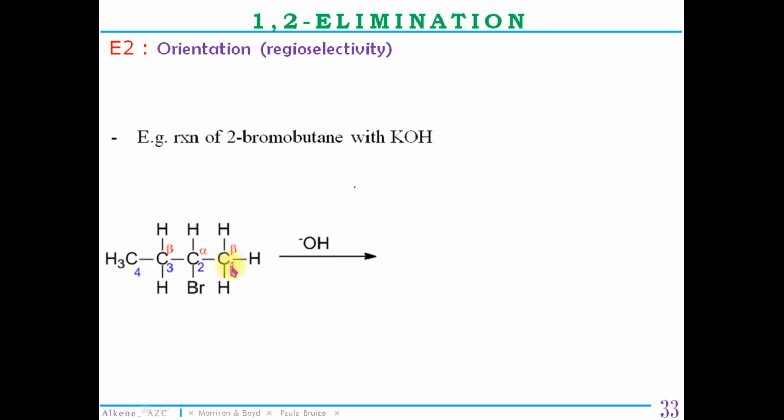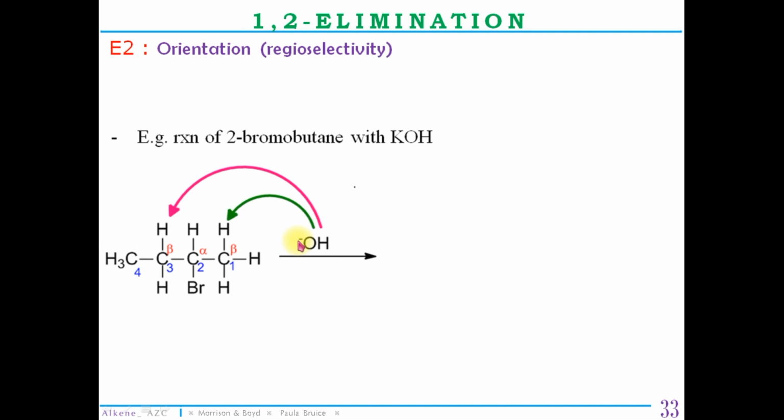This beta carbon, carbon number 1, contains 3 hydrogens, while this beta carbon, noted as the third carbon, has 2 hydrogens. So our base has 2 choices to abstract hydrogen.